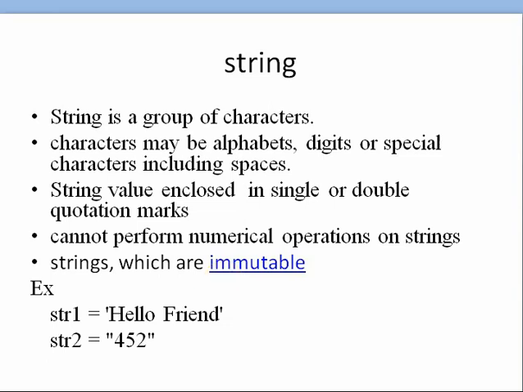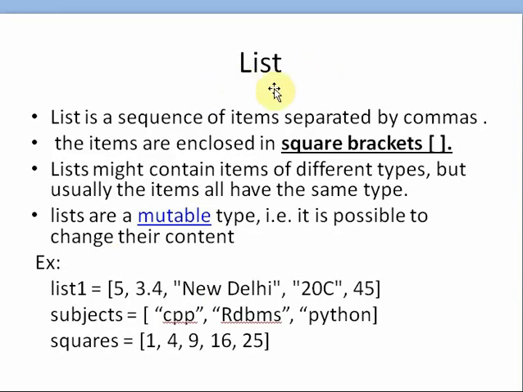So, next data type is list. This is a new data type for you. So, why is the list data type used? Integer, float, complex or string are the data types where you can store a single value.